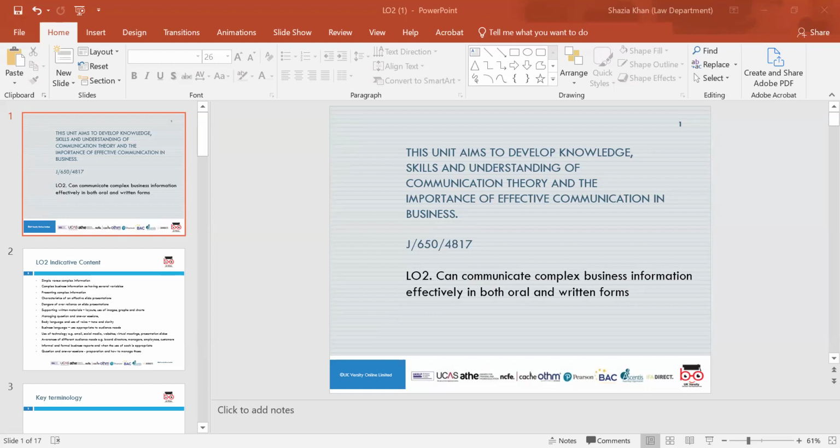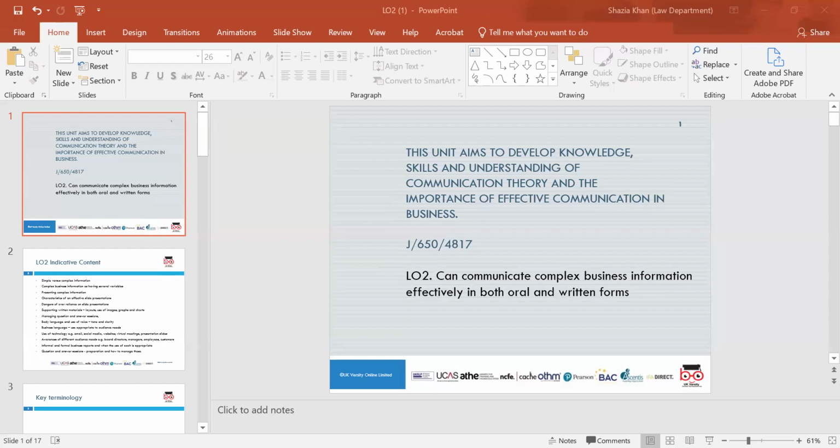We looked at the communication process and types of communication: formal and informal, internal and external. We also looked at verbal and non-verbal channels, the use of technology in communication, emails, telephone, mobile phones, social media, and then barriers to communication.